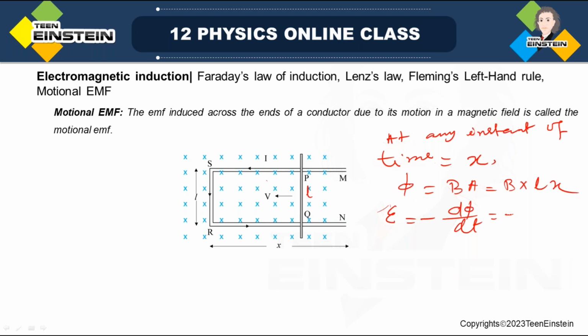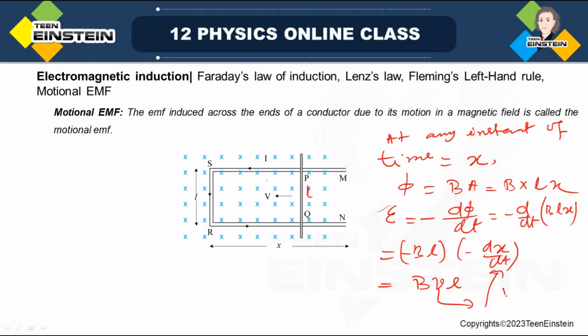That is minus d phi by dt, so d/dt of BLx. B and L are constant. Only x is changing, so this becomes dx/dt. This minus will cancel each other. So dx/dt is actually velocity, so BVL.